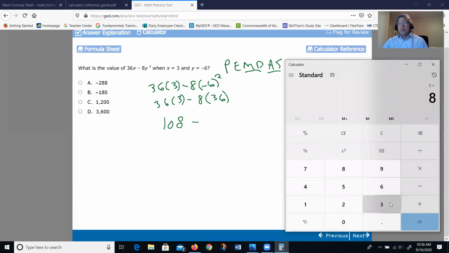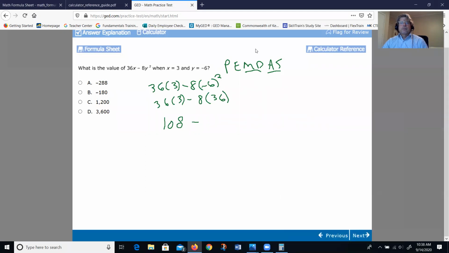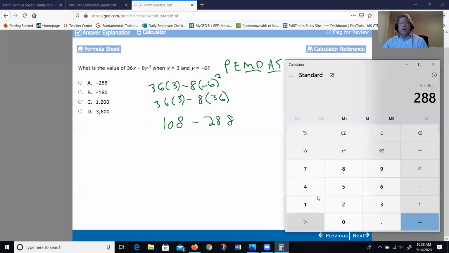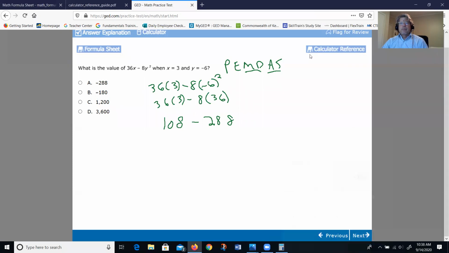So 8 times 36 is going to give me 288. And then we have to subtract those two values. So 108 minus 288. That's going to be -180.